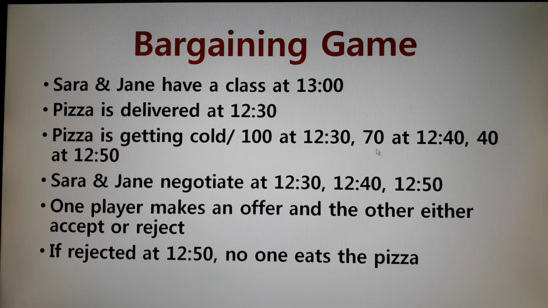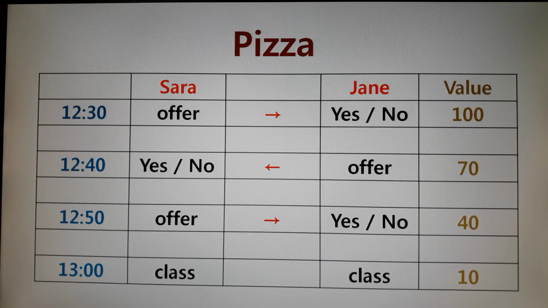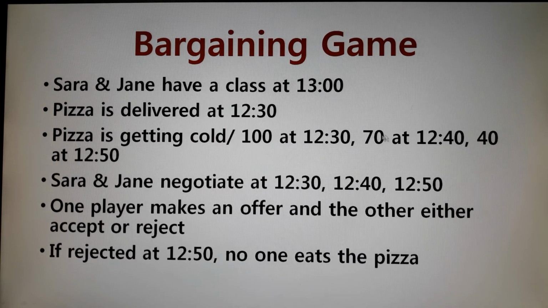But then, the same pizza 10 minutes later, 12:40, got a little bit colder. As a result, even though it's the same whole pizza, the value would be 70. So if Sarah eats the whole pizza at 12:40, instead of payoff 100, she will enjoy 70.